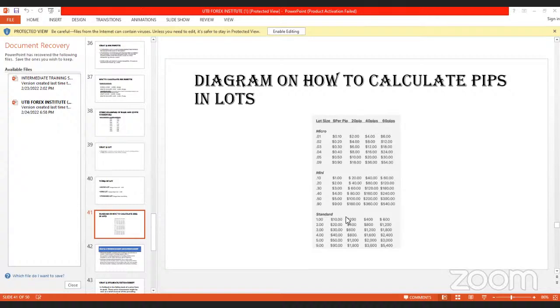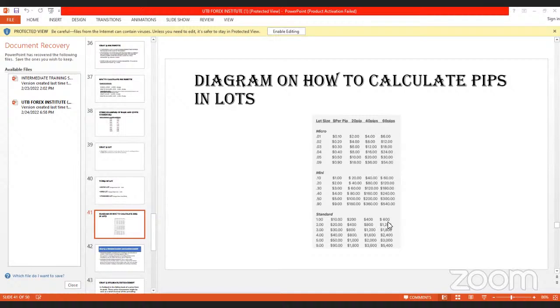Once it goes 1 point, it's $10. Once it goes 20 points, it's $200. Once it goes 40 points, it's $400. Once it goes 60 points, it's $600. So that is how the lot size ranges.